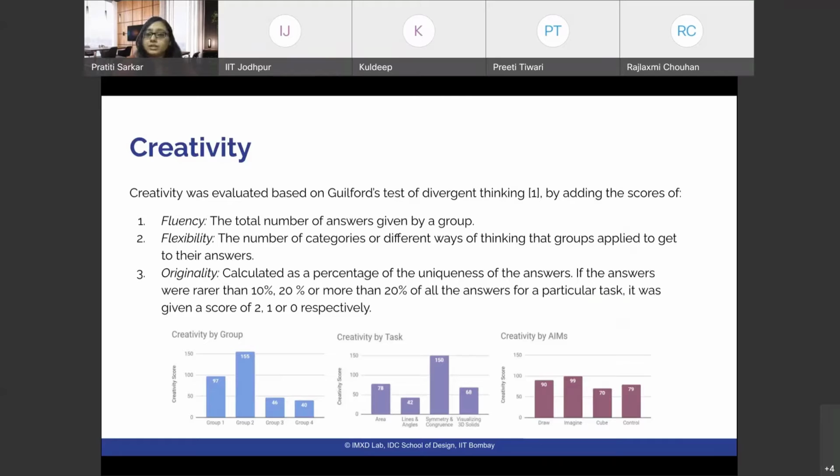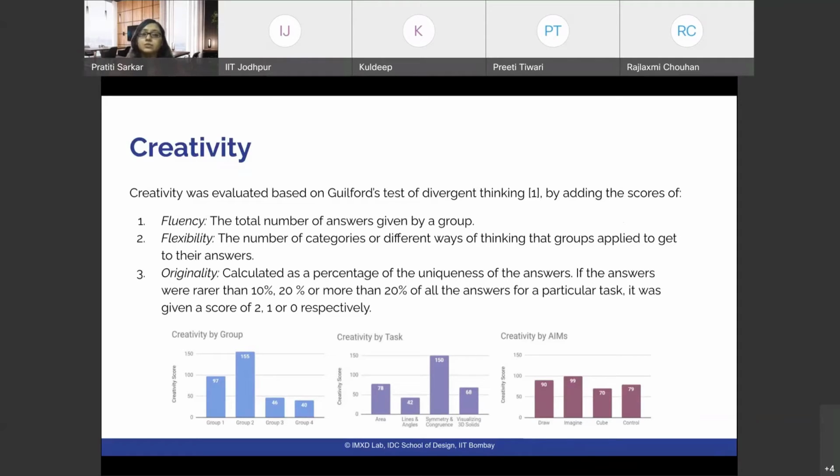And we also evaluated creativity in terms of how they were answering the questions. For that, we used Guilford's test of divergent thinking, in which we evaluated three parameters: fluency, flexibility, and originality, where fluency meant the total number of answers that they were giving.